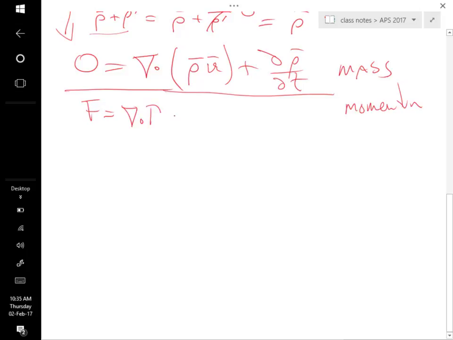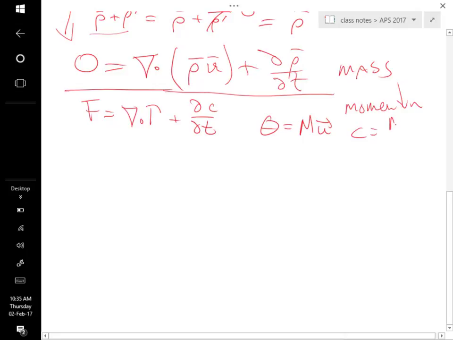So we start with our conservation equation, and now the thing we're conserving is mass times velocity, and so C will equal mass per volume times velocity, or that's just equal to the density times the velocity.